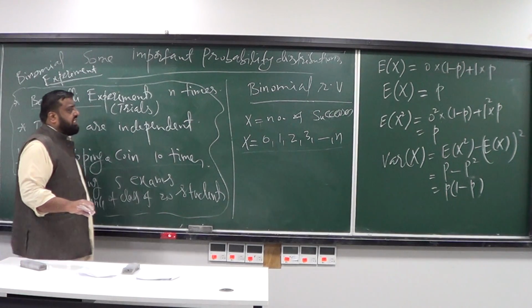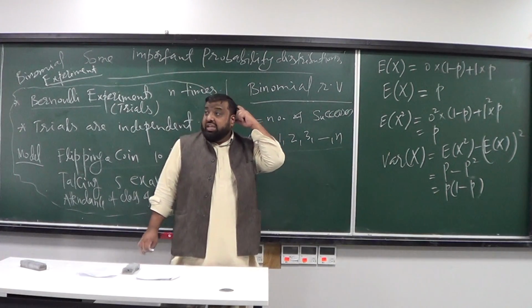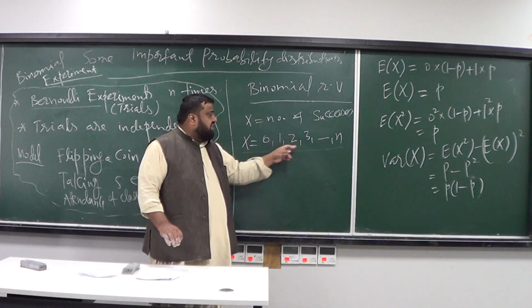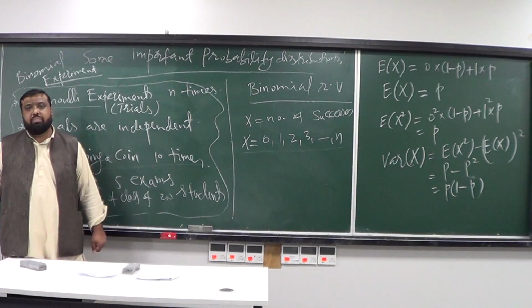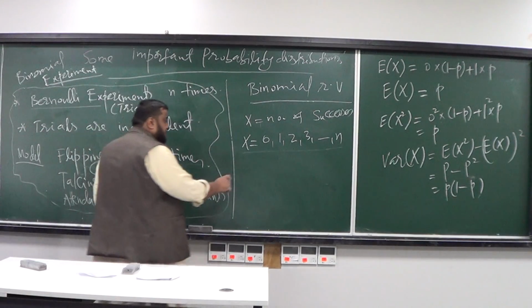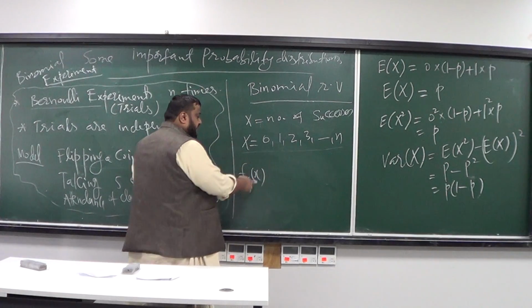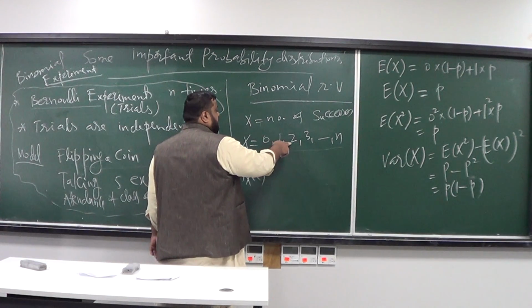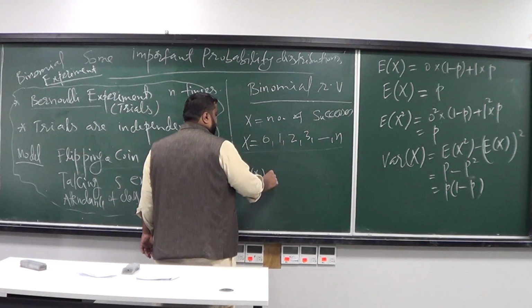The next thing that we should ask is: if these are the values that this random variable takes, then what is the probability distribution of this function? In other words, if I want to compute, say, f_X(x), where x could be 0, 1, 2, and up to n, then what would this f_X(x) be?